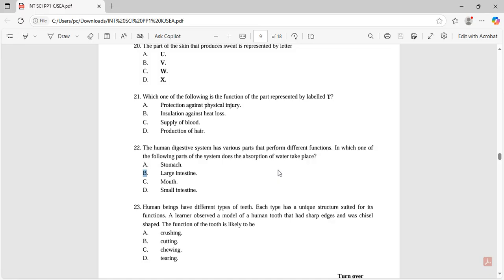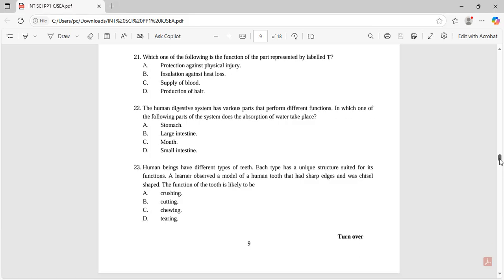On to number 23. Human beings have different types of teeth.